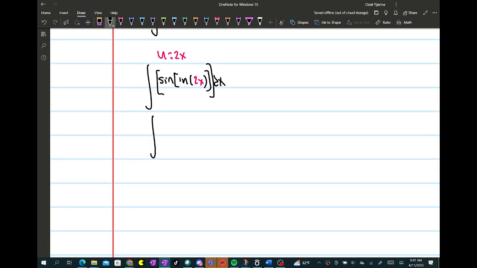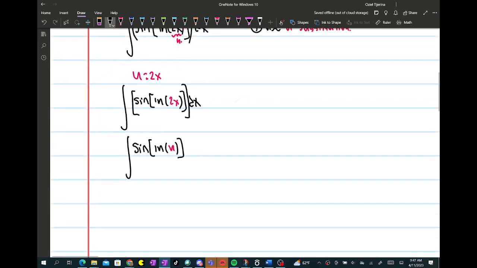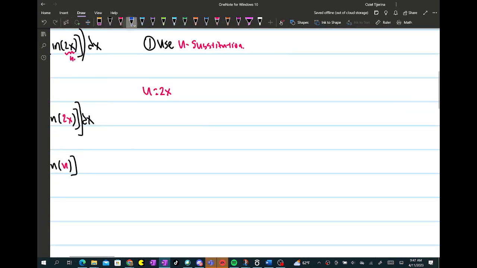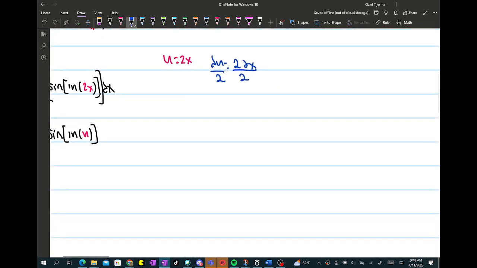So we have the integral of sine of the natural log of u. And we need to find du. We know u is 2x, and now du will be 2 dx. If we solve for dx, dx equals du over 2.